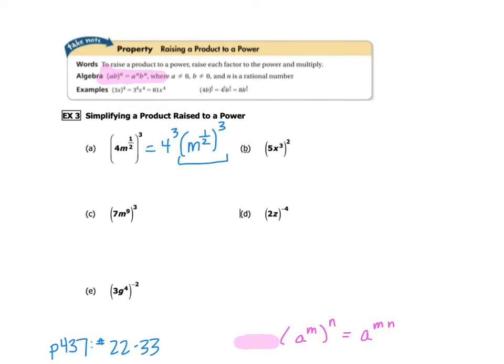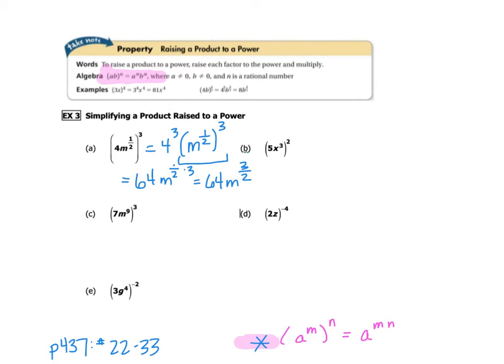So here's what I've got. 4 to the 3rd power equals 64. So 64 m, and I'm going to multiply 1/2 times 3 because I am using my power rule right here, and this is going to give me 64 m to the 3/2 power.